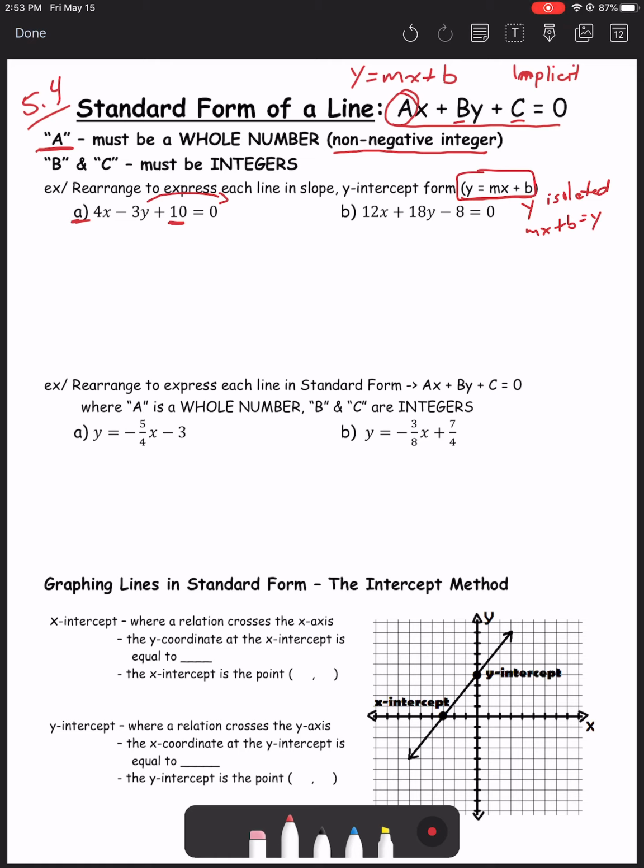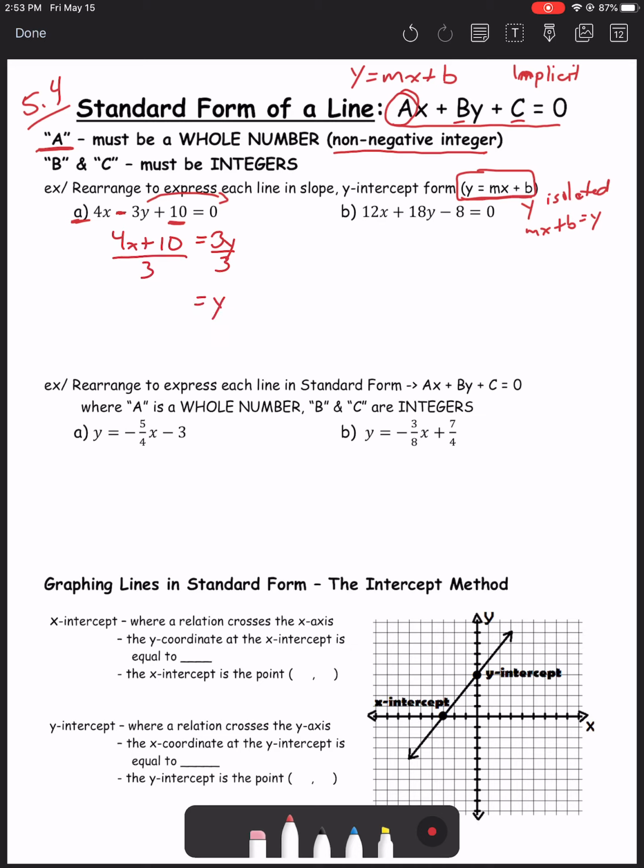My strategy here is to make it so that the coefficient on the y is positive. Right now, it's a minus 3. If I move it over to the other side, it will now be a positive 3. Then I've got 4x plus 10 left on this side. And then finally, the last thing is divide both sides by 3.